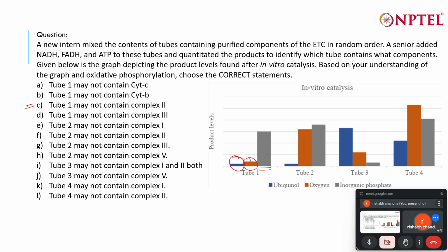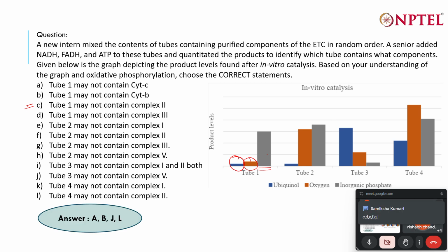Okay. So the correct answer is actually C, D, E, F, G and I. Okay. So the correct answer is A, B, J and L.